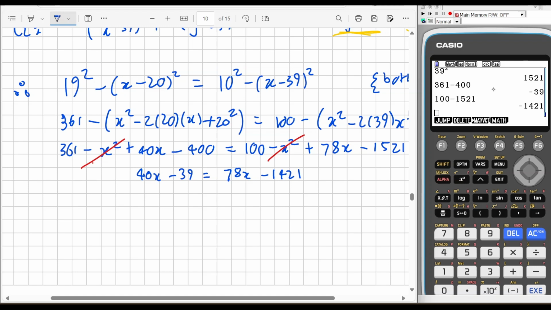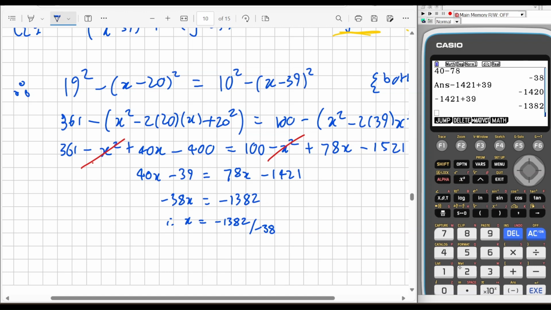So we're going to take 78x from both sides. So 40 minus 78 is going to give us minus 38x over here. And we're going to get minus 1421 plus 39. Oops, minus 1421 plus 39 gives us minus 1382. Okay, so x is minus 1382 over minus 38.